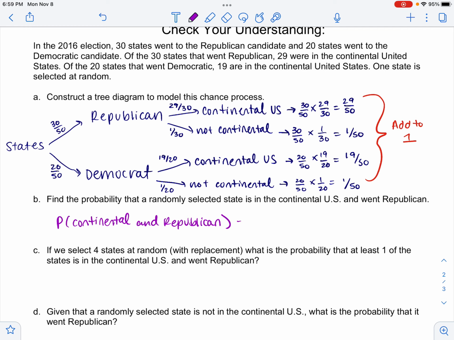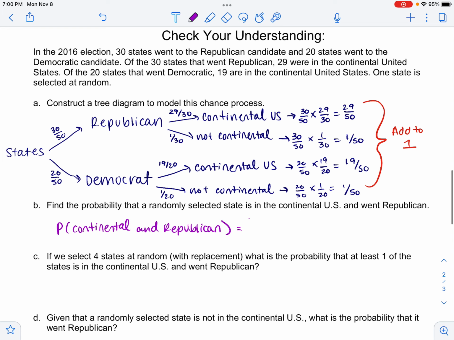And what's really nice about our lovely tree diagram is we already have this probability found for us. Continental and Republican is the Republican and Continental branch right here, 29 out of 50. So that's how you would use your tree diagram. And then to write this as a decimal, 0.58.